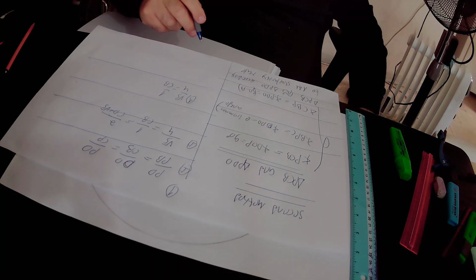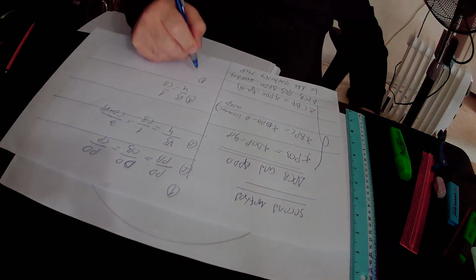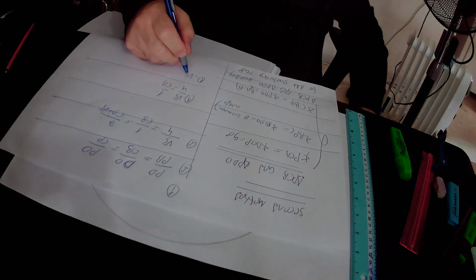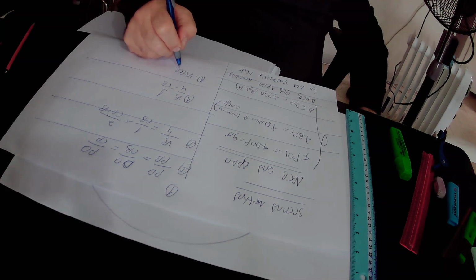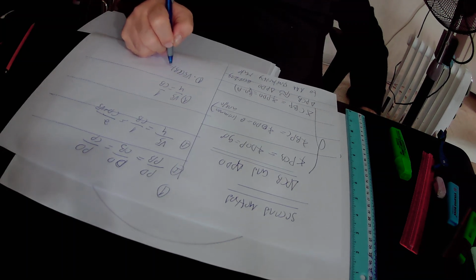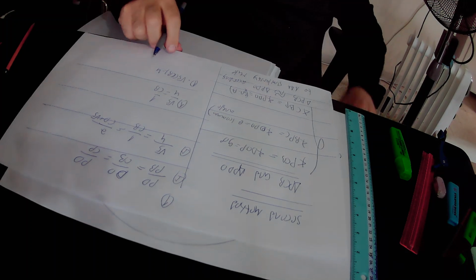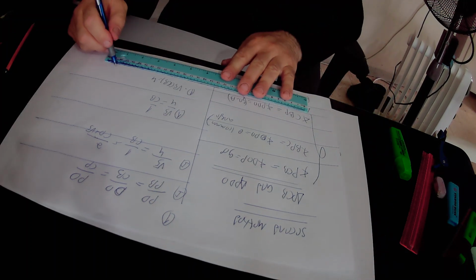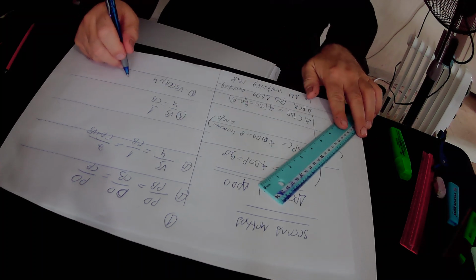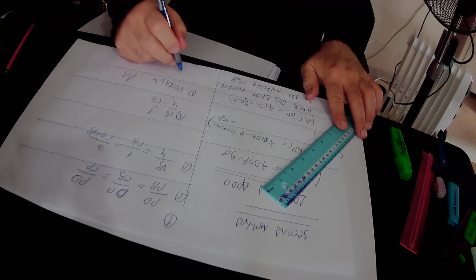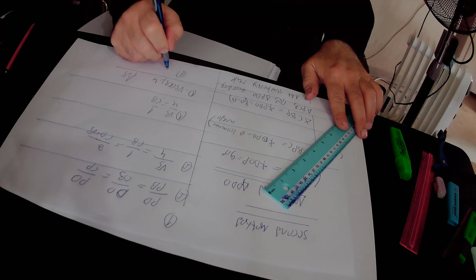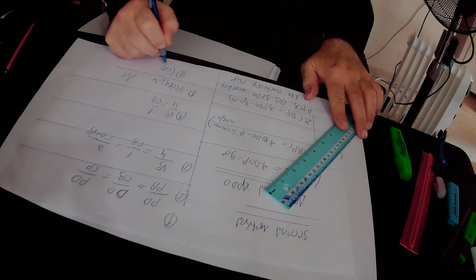Here we cross multiply this equation, and we get that square root of 5 times CB equals 4. Here we divide this equation by square root of 5, and we get that CB equals 4 over square root of 5 units.